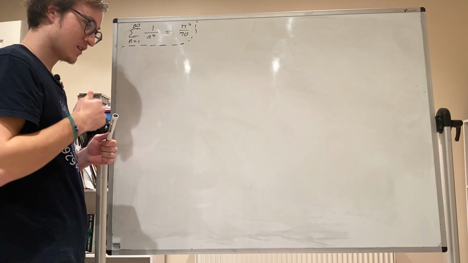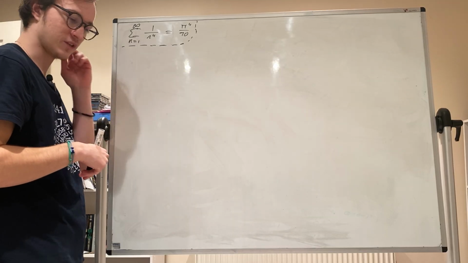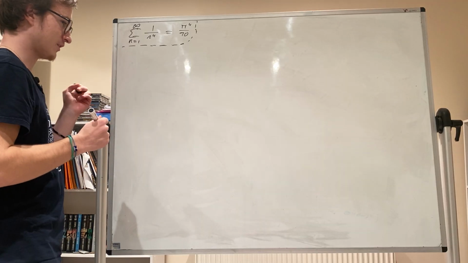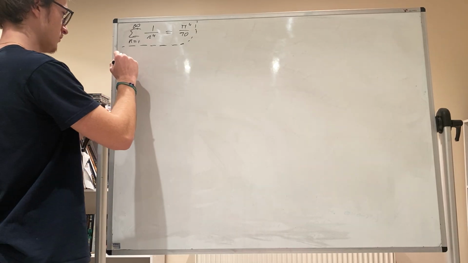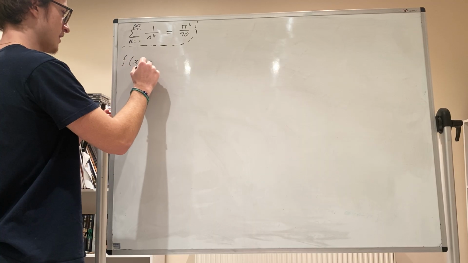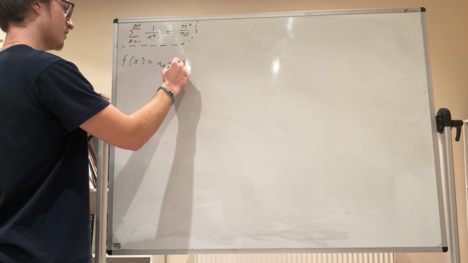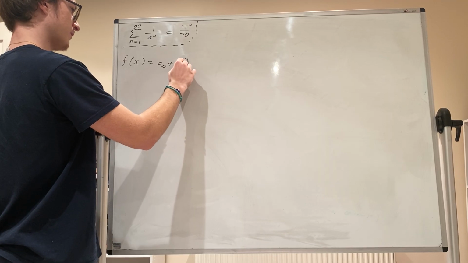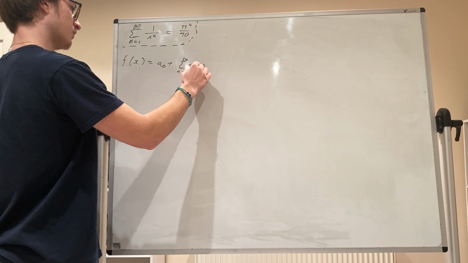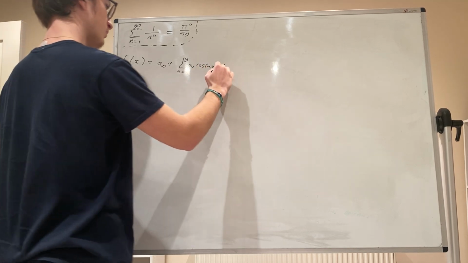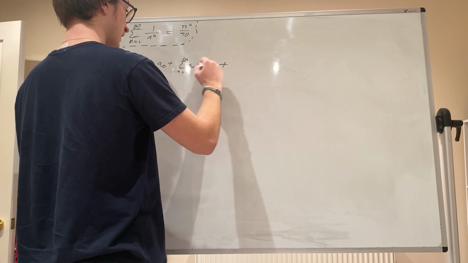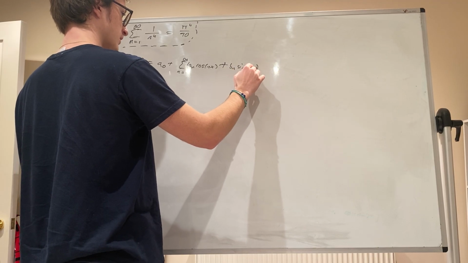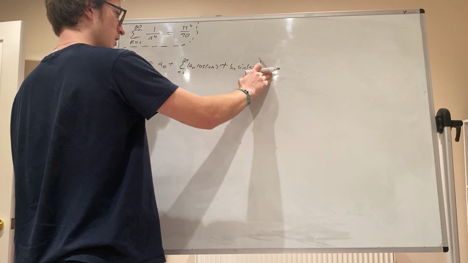So, firstly, I should state Parseval's theorem since we're going to be using it. Parseval's theorem says if you write out a function f of x as a0 plus the sum from n equals 1 to infinity of an cos nx plus bn sine nx, I might as well put it all into one sum, like so.